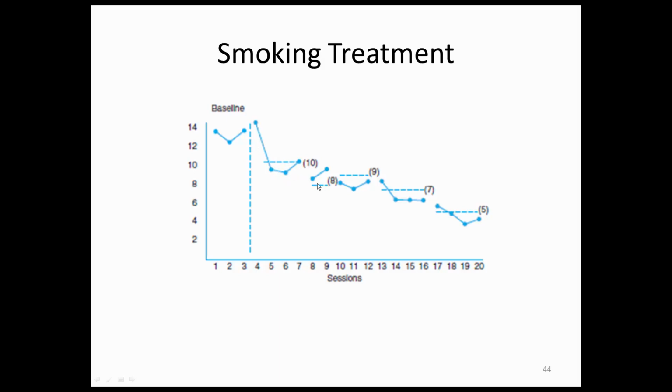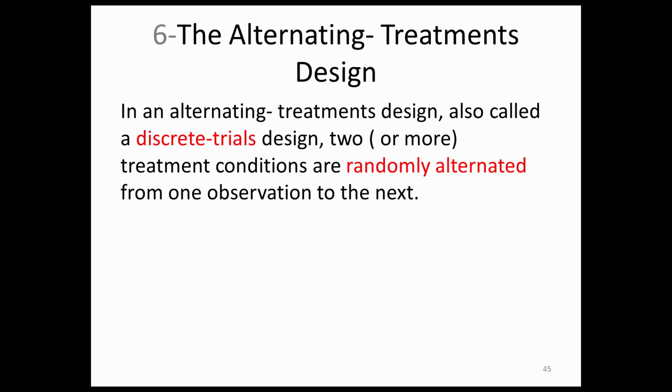And in the second week, your goal or your criteria goes down to 8 cigarettes, and you see that your participant, your patient, cannot handle it. So the next week you increase your criteria to 9, and based on your patient's behavior you change your criteria each week.